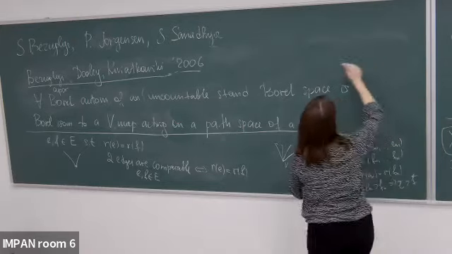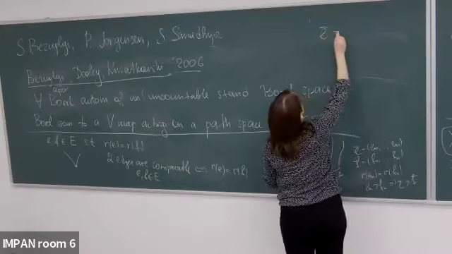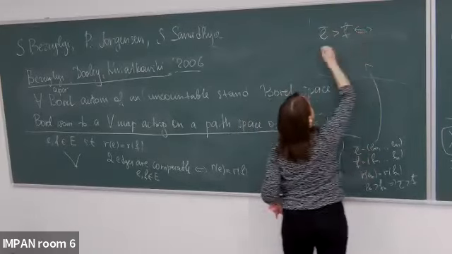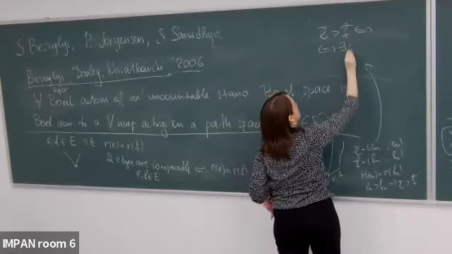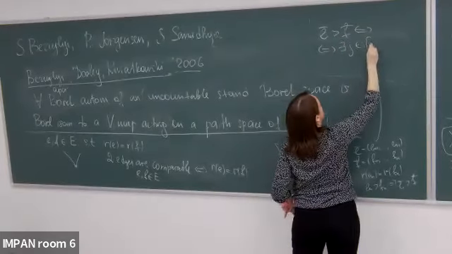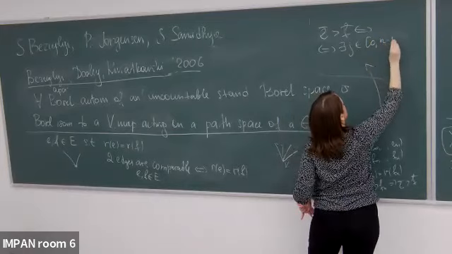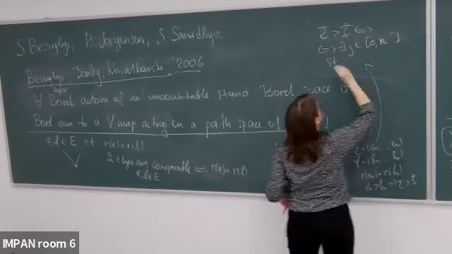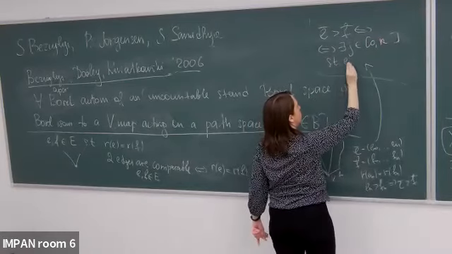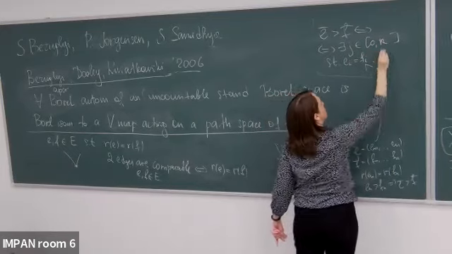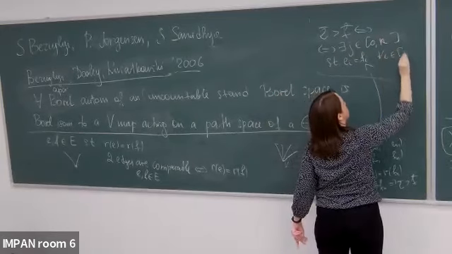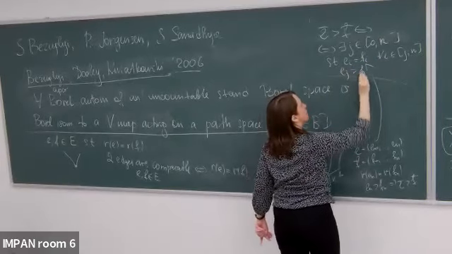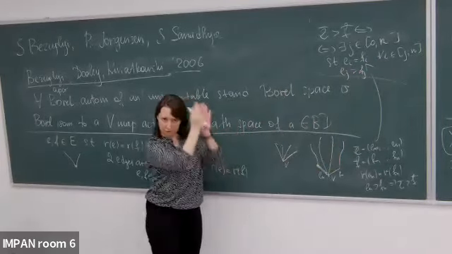So we say that e is bigger than f, these finite paths, if there exists j, between zero and n, such that e_i is equal to f_i for every i from j plus one to n, and e_j is bigger than f_j.